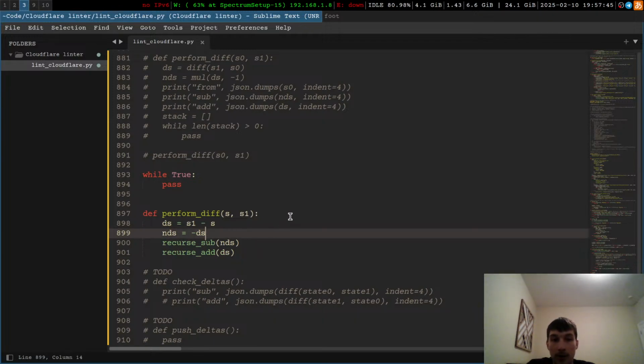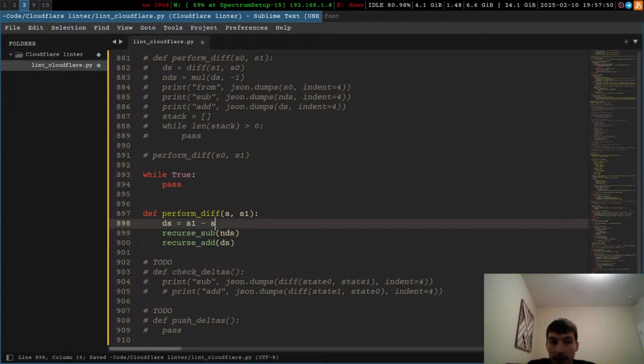We don't care about nds because this encodes all the terms. So we don't actually need to subtract the tree. All the terms are encoded.